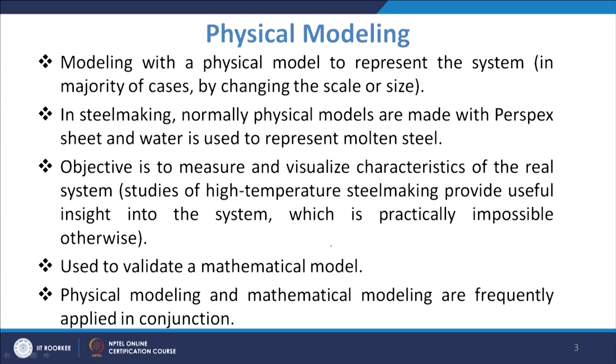In steel making, we normally use physical models with perspex sheet, and water is used to represent the molten steel. The models are made with perspex sheet, which is transparent and strong also.